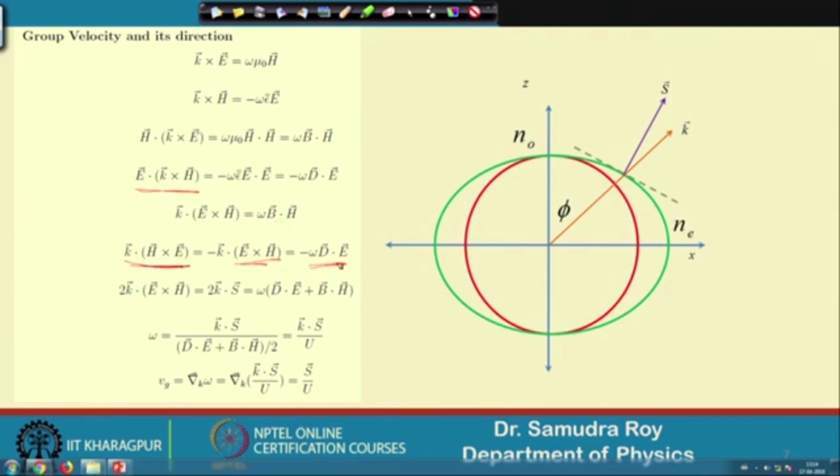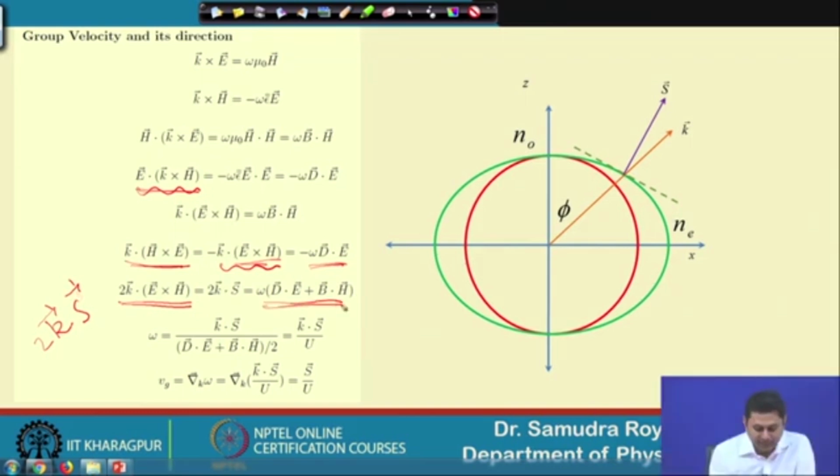Now if I add this and this term here, I will have 2 of E dot E cross H, or 2 of k dot S. On the right hand side I have omega multiplied by D dot E plus B dot H.